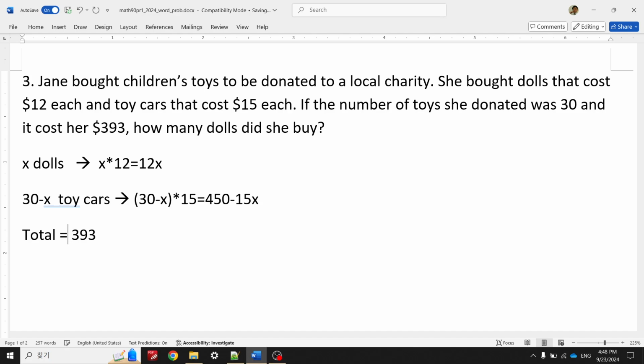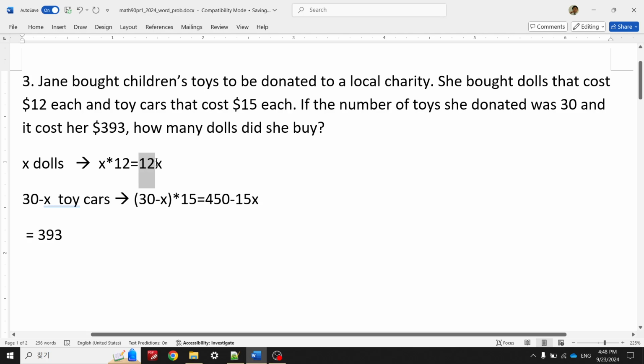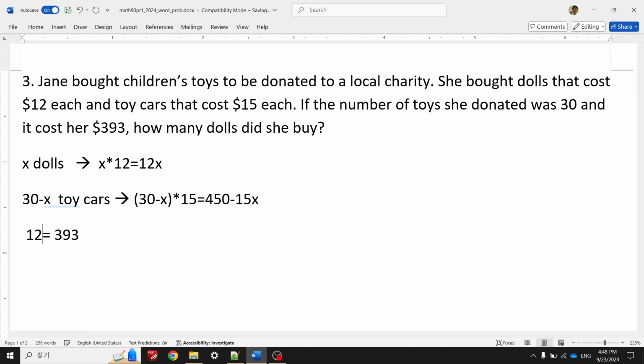What is the total? How do you get the total? We add these two, right? 12x and 450 minus 15x. So we do 12x plus 450 minus 15x equals 393.